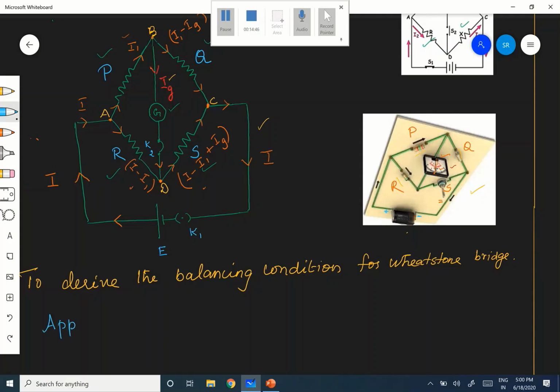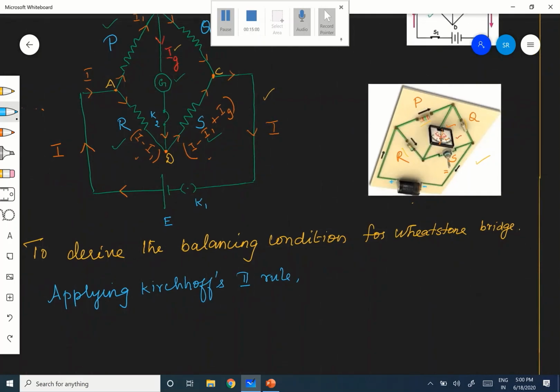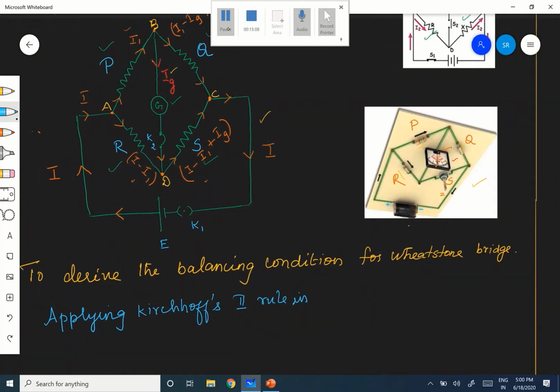Applying Kirchhoff's second rule in the closed loop A, B, D, A. So it is A, B, D, A in this loop.